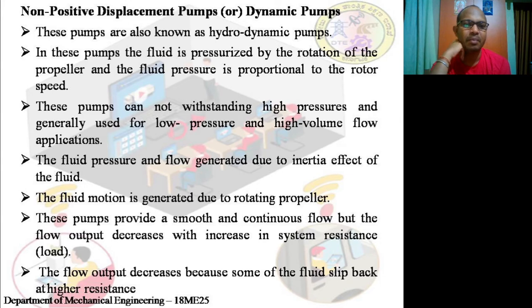These pumps cannot withstand high pressures and are generally used for low pressure and high volume flow applications. High volume but not high pressure. Is it clear? That means a larger discharge, more water can be displaced, but not at the pressure with which it has to go. For multi-storied buildings, we cannot go for non-positive displacement pumps because they cannot generate enough fluid pressure.